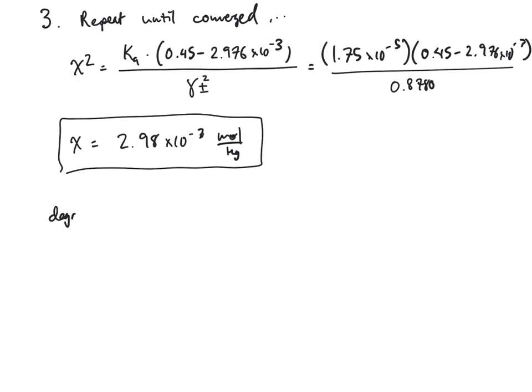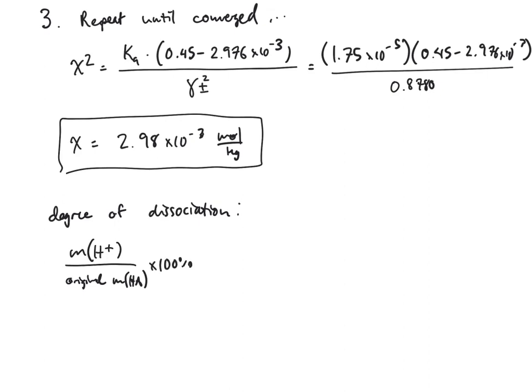So now, lastly, we need to find the degree of dissociation. And the degree of dissociation is going to be the molality of H plus divided by the original molality of the HA, okay, times 100%.